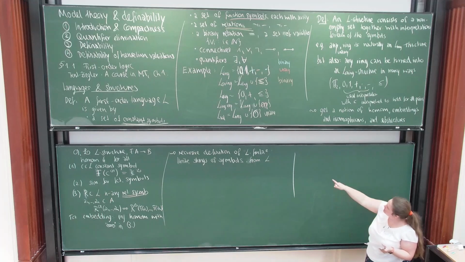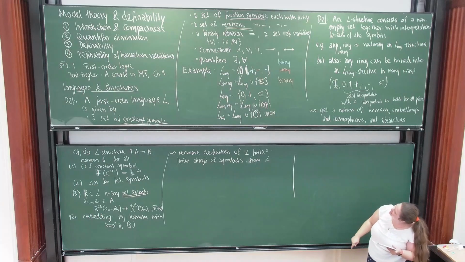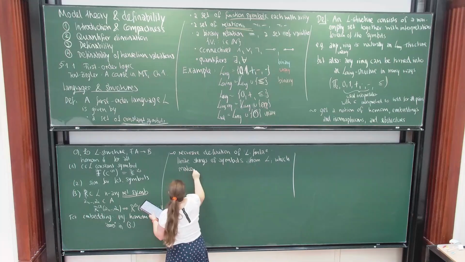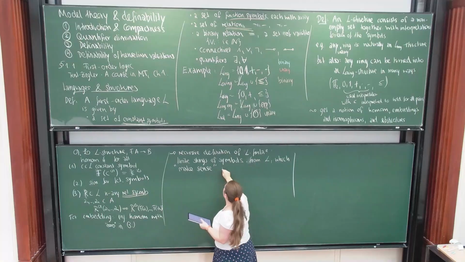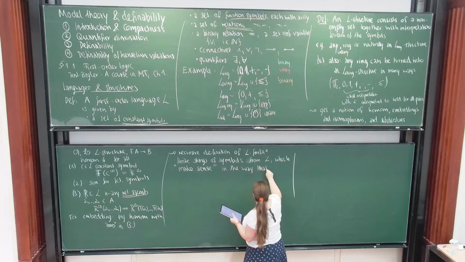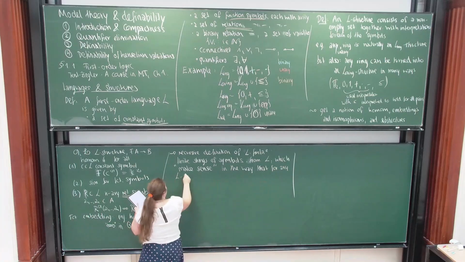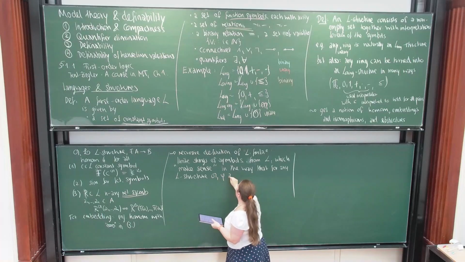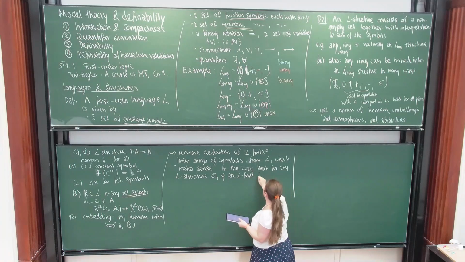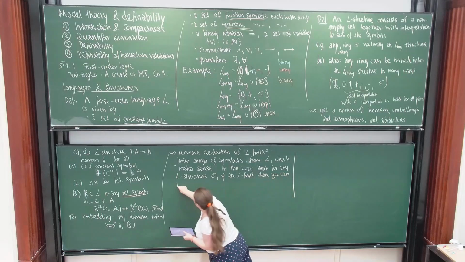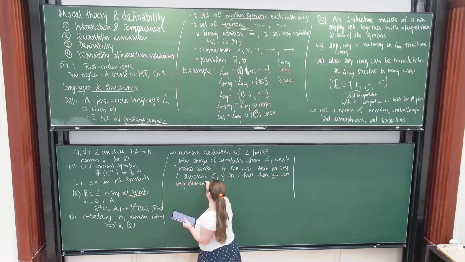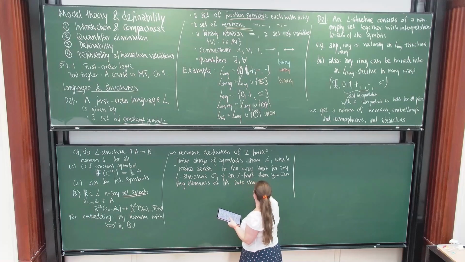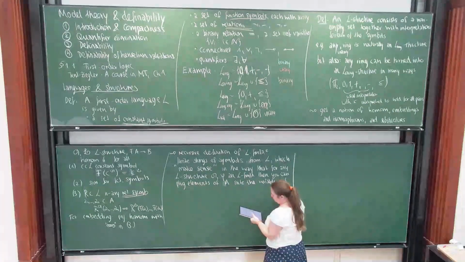Okay, so these are finite strings of symbols from L, and now I'm allowing equality again. And now I'm relying on you as a semi-computer, which makes sense in the way that, I'm relying on you being mature mathematicians, for any structure A and L formula phi, you can plug elements of the underlying set, which is called A, into the variables of phi.